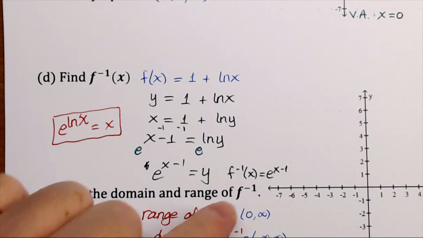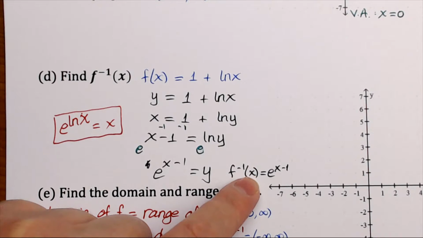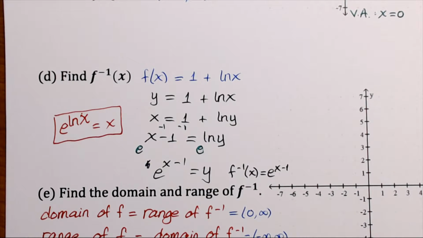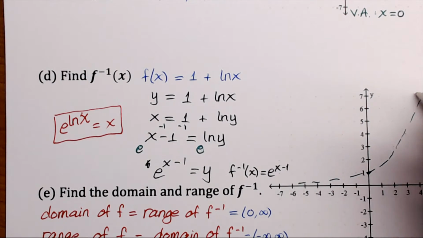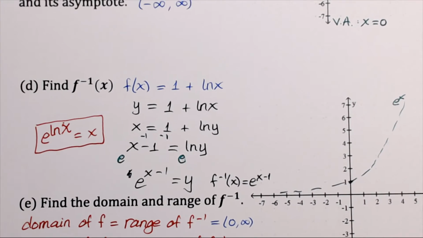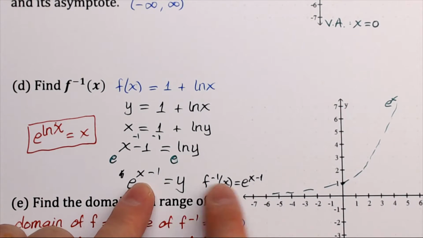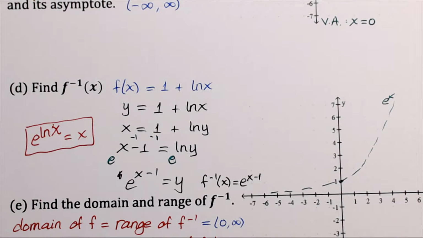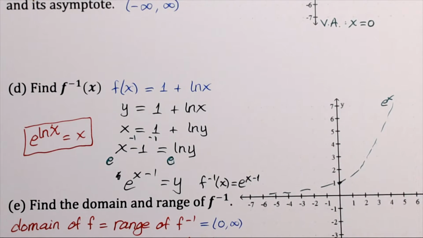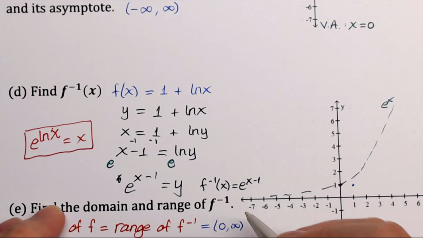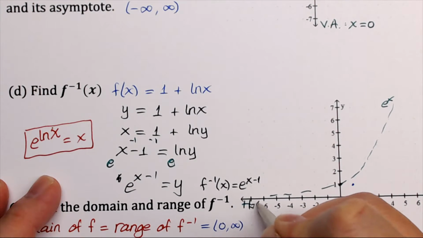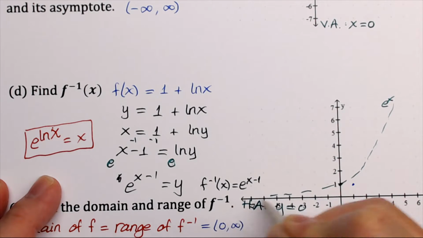Right, now we're going to graph this function. So first, e to the x, we go to the point (0, 1). So that is e to the x. And we have minus 1 on the x, so everything will go to the right 1 unit. So this point goes 1 unit to the right. And also for the exponential function, we have the horizontal asymptote, y equal to 0, this line.